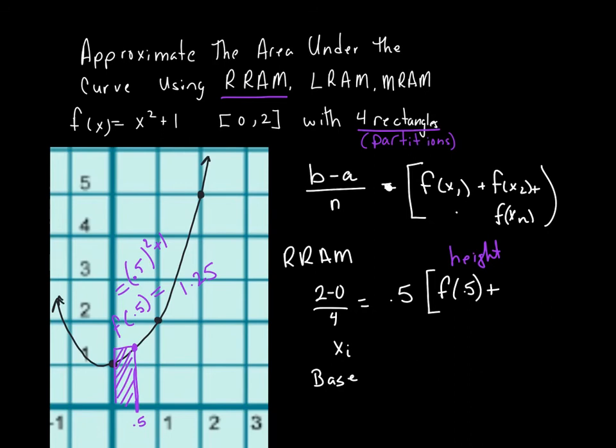Now for my second rectangle, that's going to give me at 1. And again, it's because my base length of the rectangles, each of them is 0.5. So now I am here. And the reason the right-hand method is nice is it's just whatever your x, in this case, this is my x2 value. So this is going to be f of 1.